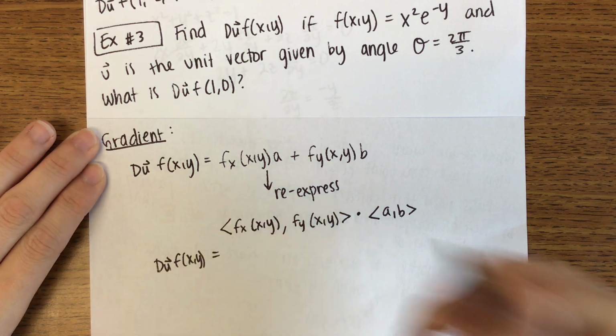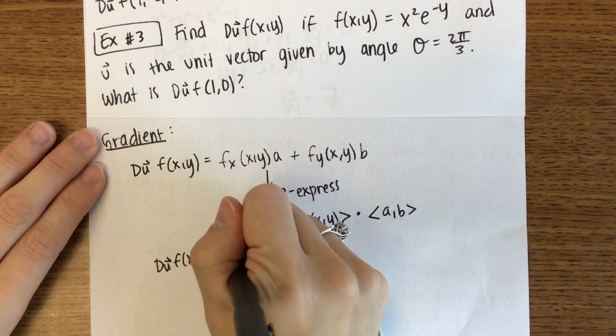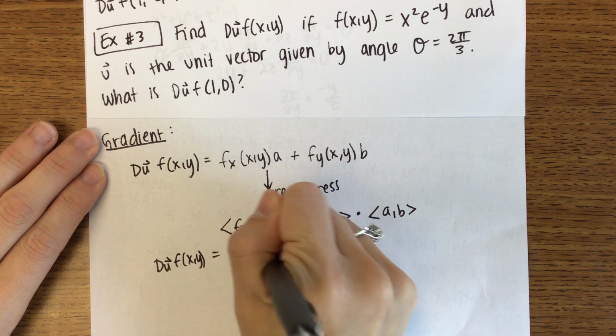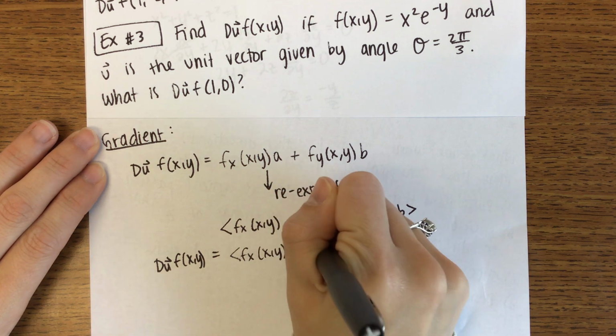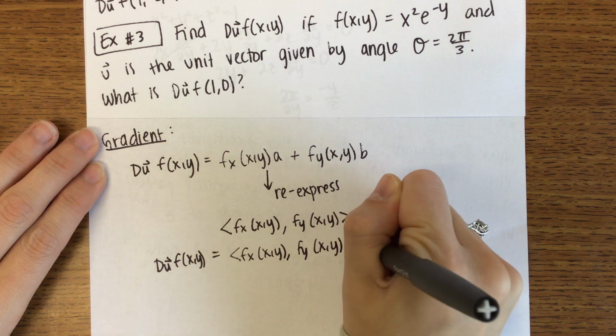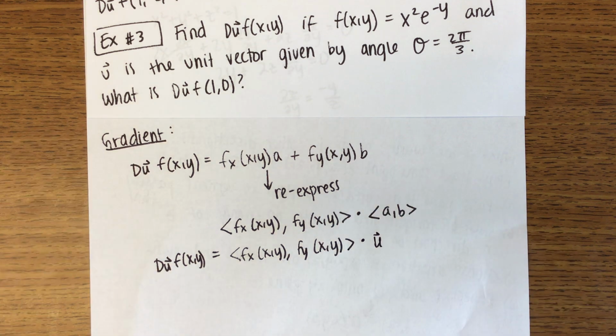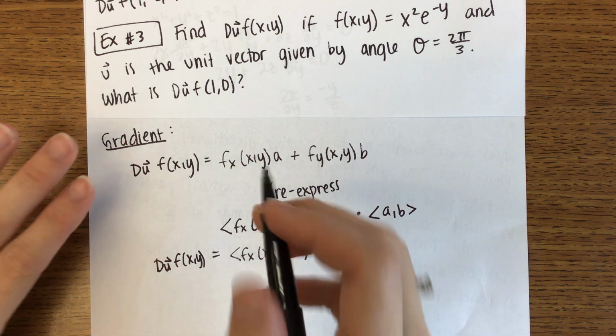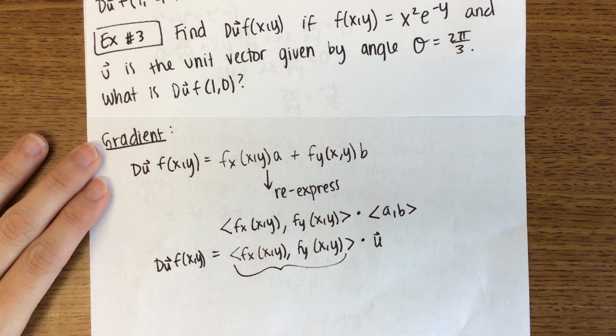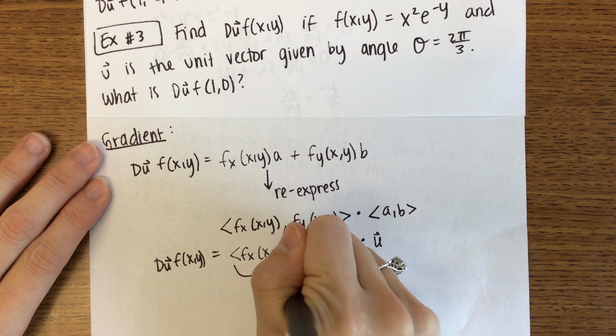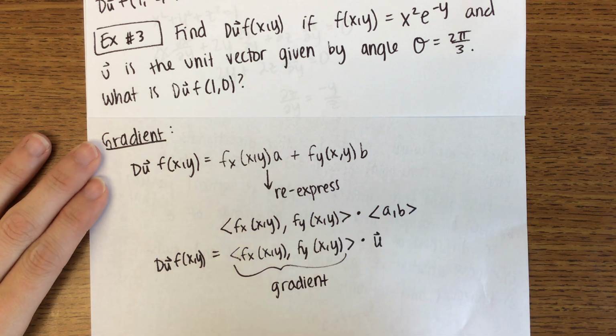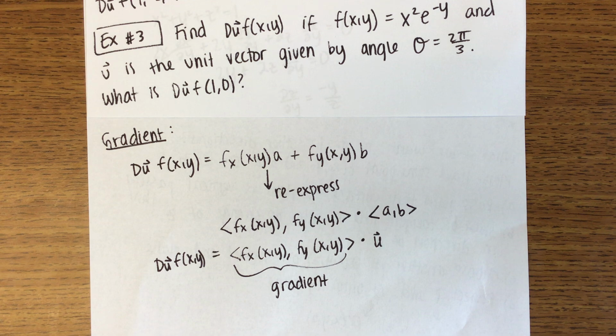That vector a, b is just our unit vector u. This vector here, that first one, that's called the gradient. So the gradient, you're taking all the partials.